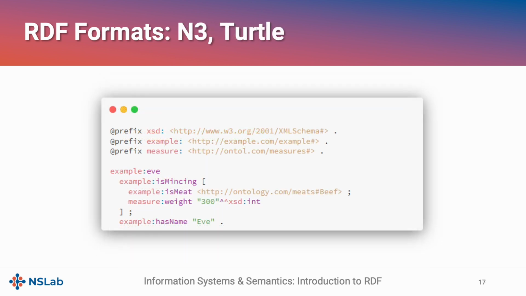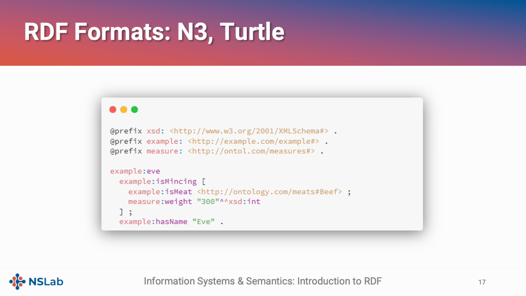The same thing, but in a more compact form, can be captured using Turtle syntax or N3. This syntax is very widely used for its readability and syntactic sugar, in other words, some shortcuts for how to write certain things. So we can see the prefixes at the top, very compactly written.